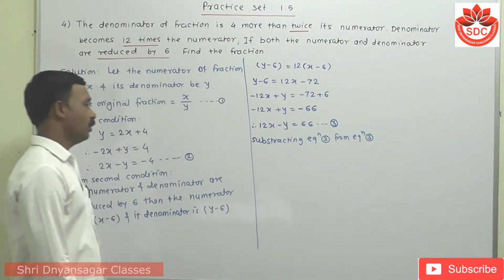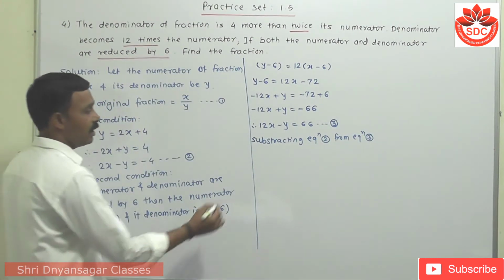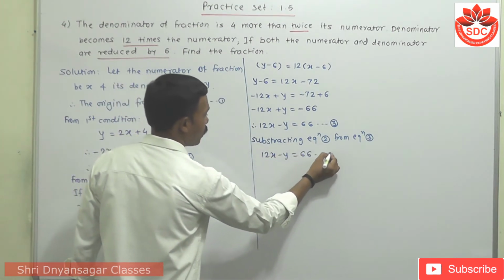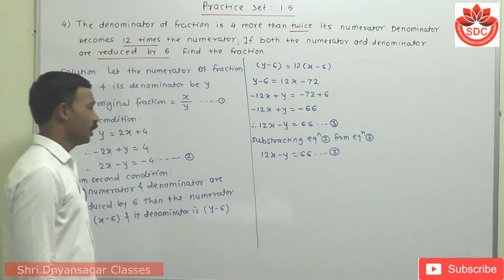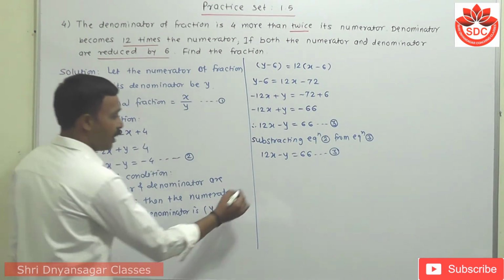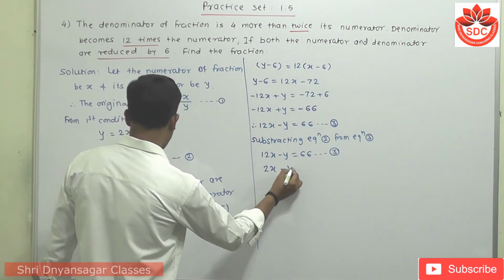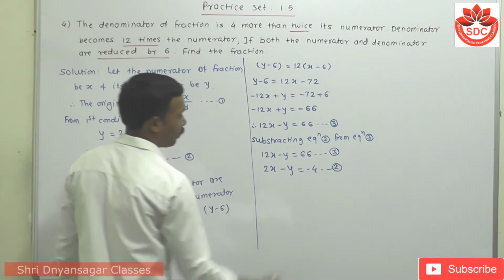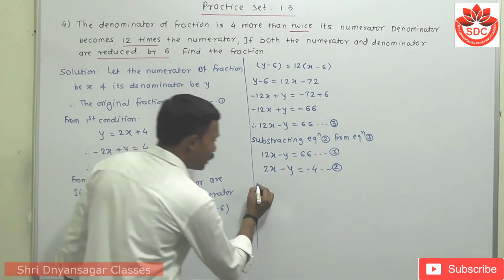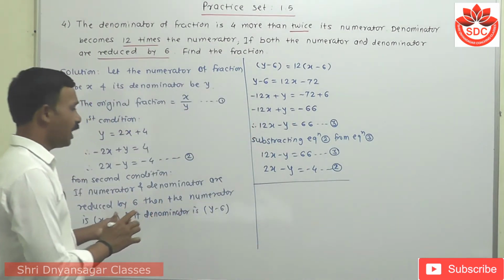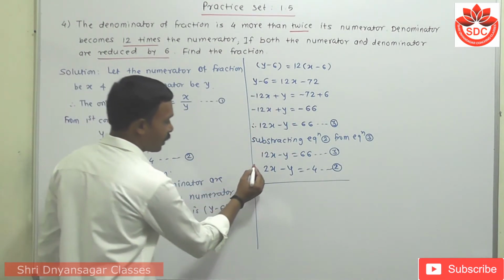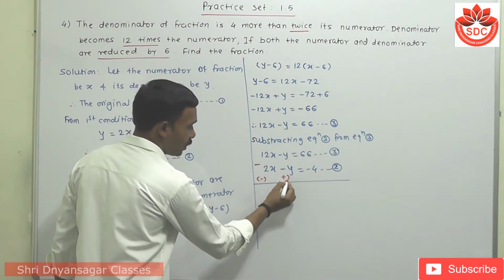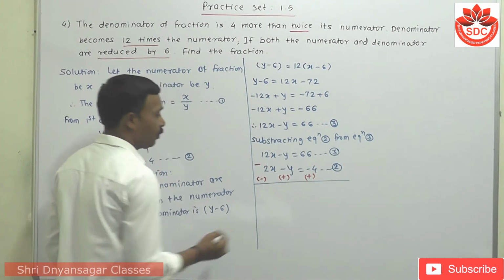Subtracting 2 from 3: third is 12x minus y is equal to 66, equation number third. Second is 2x minus y is equal to minus 4, equation number second. Student, when we subtract these, the signs of the second equation change: this minus becomes plus.